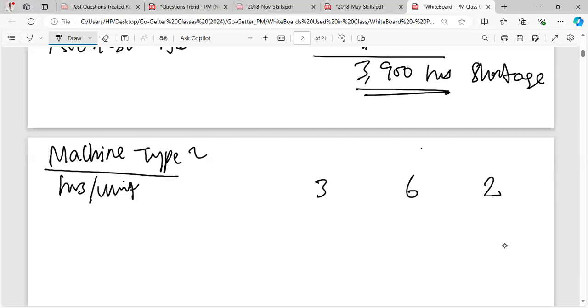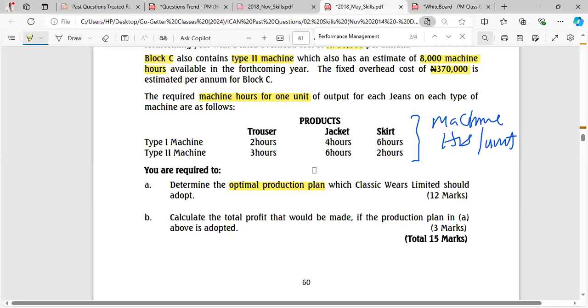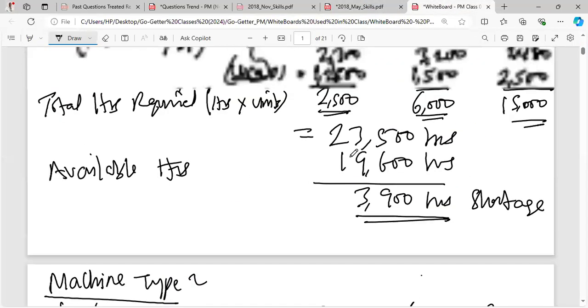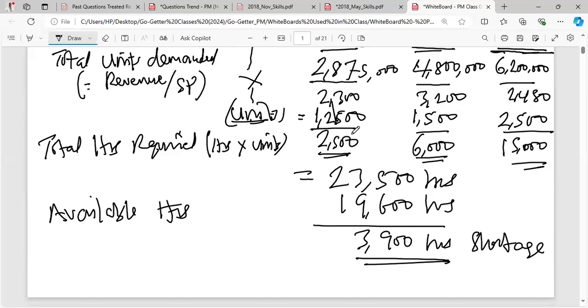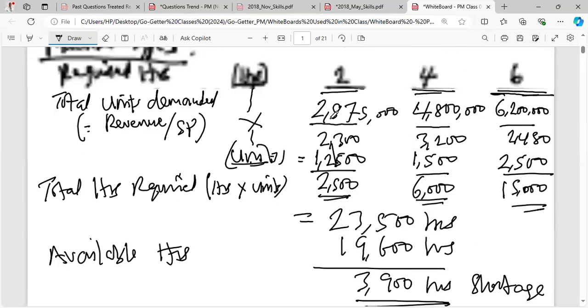Then we have units required. It's still the same units we are going to be using. All of them is still the same units. So we have the units here: 1,250.